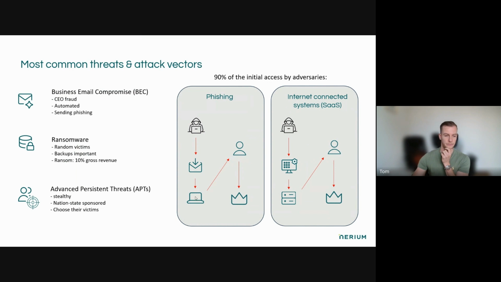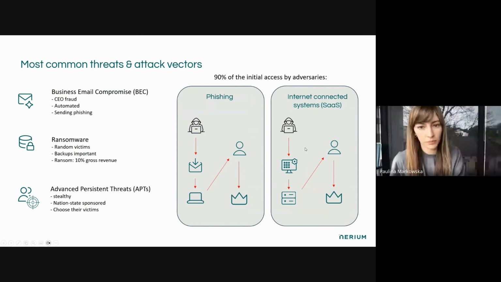So they look around in the network to see if there is an account that has high privileges. They take over that account, and then they execute on their objectives. And this is the crown, the crown jewels. For example, they steal information, they encrypt information, or they alter information. And that's a very simplistic view of how such an attack works.